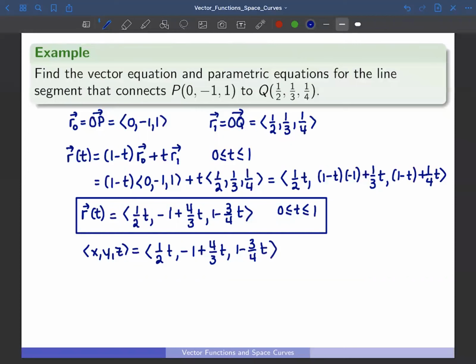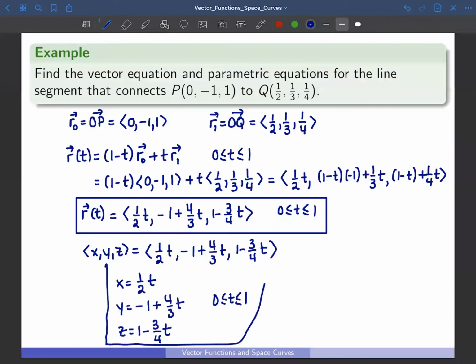From that we get that x equals 1/2 t, y equals -1 plus 4/3 t, and z equals 1 minus 3/4 t. And again, 0 is less than or equal to t, less than or equal to 1. So these three equations represent the parametric equations for the line segment that connects the points P and Q.